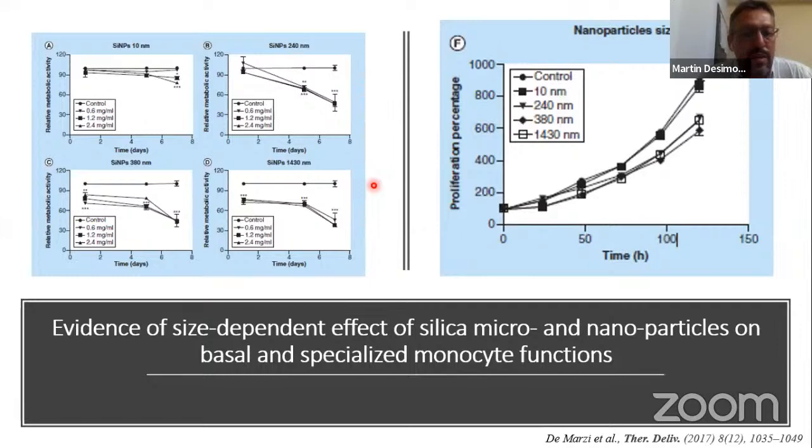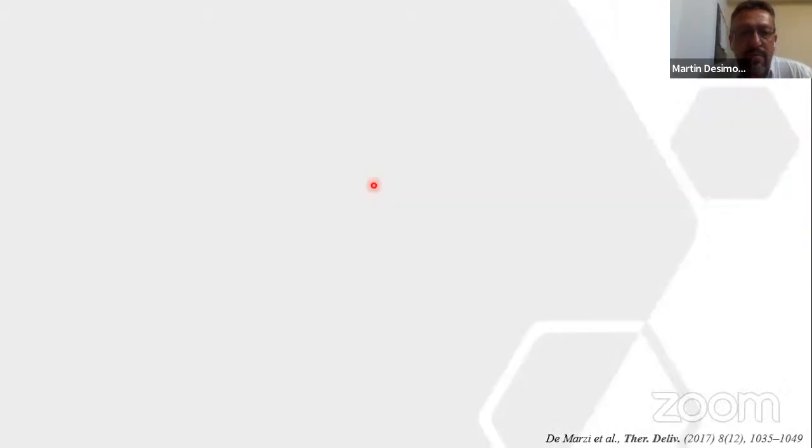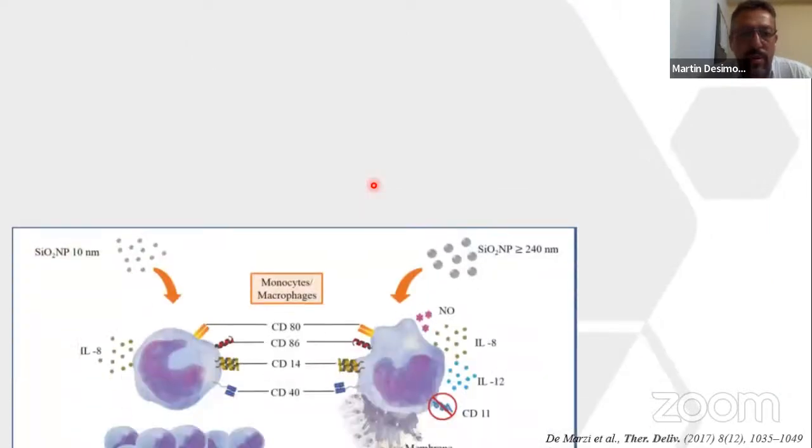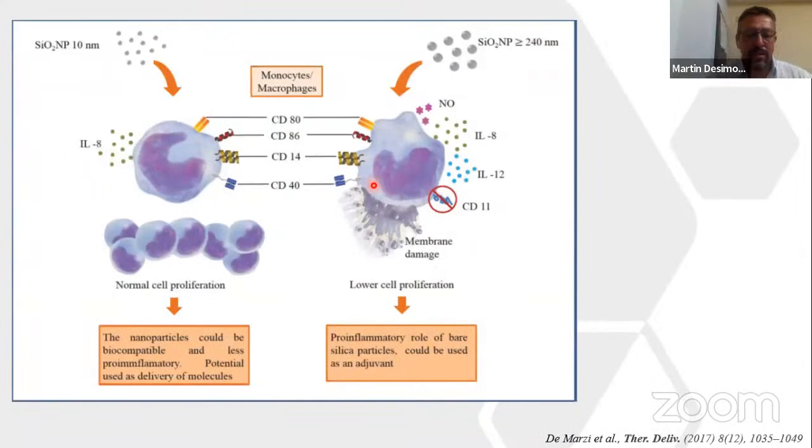These are specialized cells that work in the immune system. For example, we use different flow cytometry assays. And to summarize our results, we can say that small nanoparticles don't have a strong effect on the proliferation of the cells.